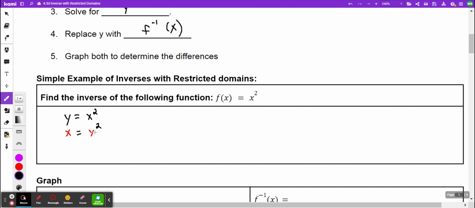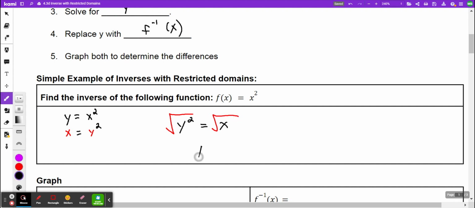Now, is it adding, subtracting, multiplying, or dividing? Or is it an exponent or a power? So it's actually an exponent of 2. It is squaring. And the opposite of squaring is going to be square rooting. So in order to get rid of this squared, I'm going to find the square root.